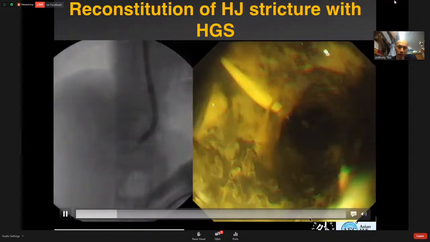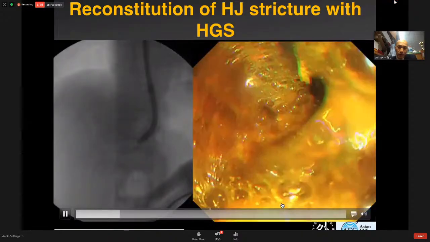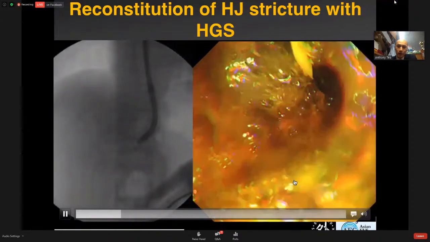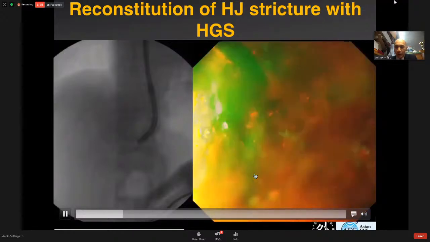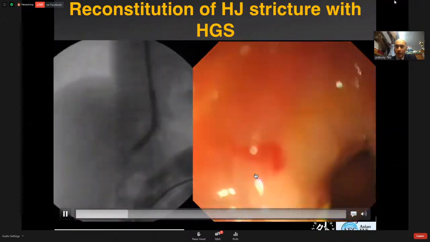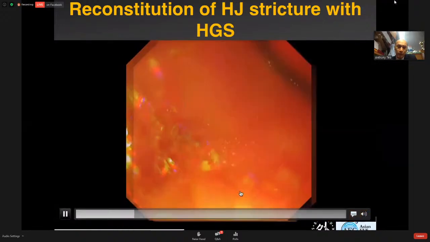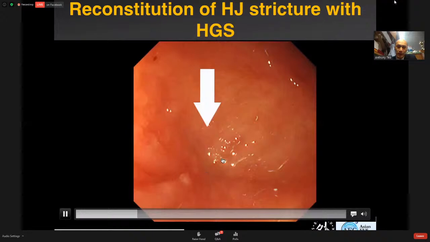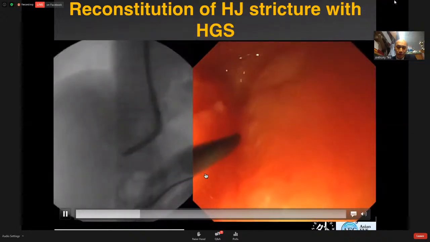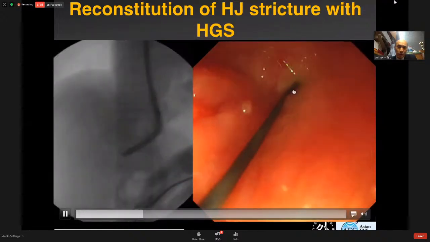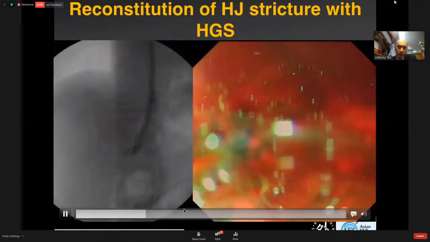I used an ultra-thin nasal endoscope and went inside the bile duct. Once inside, I looked for the anastomosis, which you can see is completely stenosed. I tried to insert the guide wire, but it wouldn't go in.